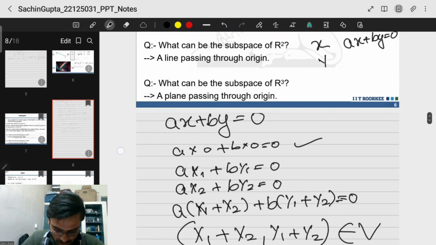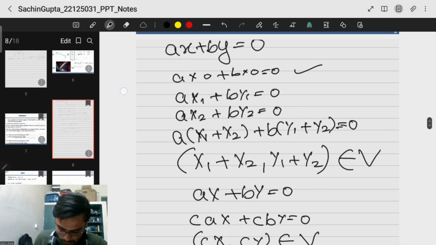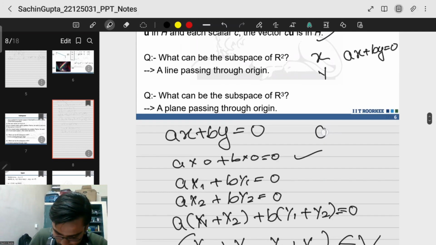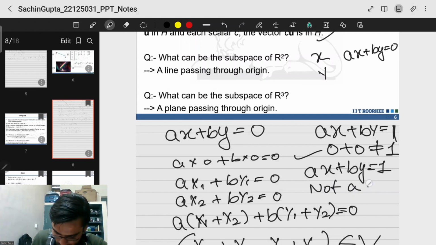So this is a vector space, and for R3 we can say a plane passing through the origin will be a vector space. Suppose for R squared the line does not pass through the origin, then ax plus by equal to 1, and 0 comma 0 does not satisfy it, so ax plus by equal to 1 is not a subspace.